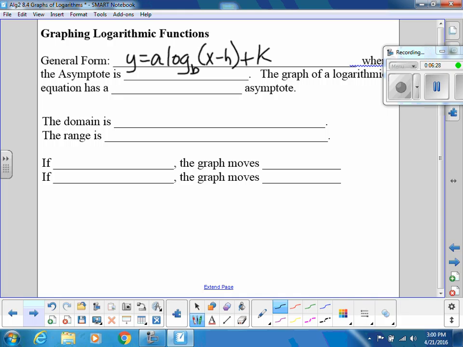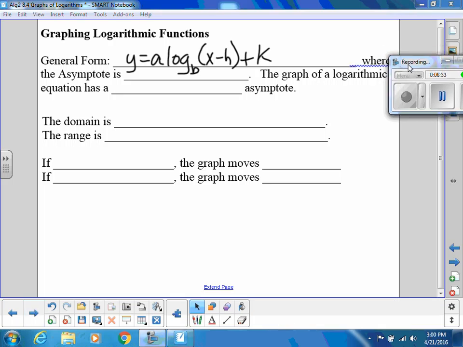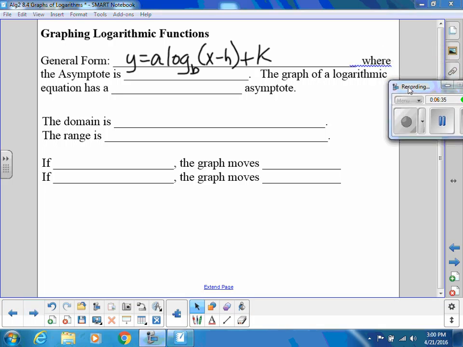Hopefully that looks familiar. Okay, and this is where the asymptote is the h value. X equals the h value. The graph of a logarithmic equation has a vertical asymptote, like what we just said.